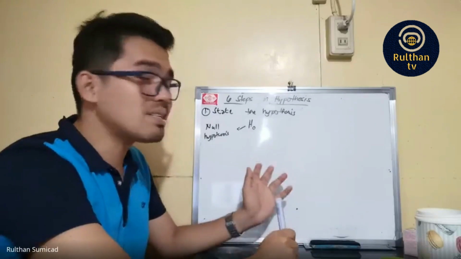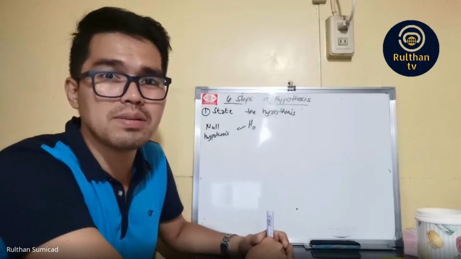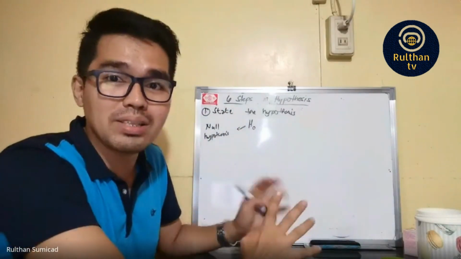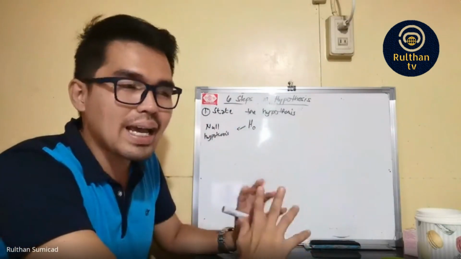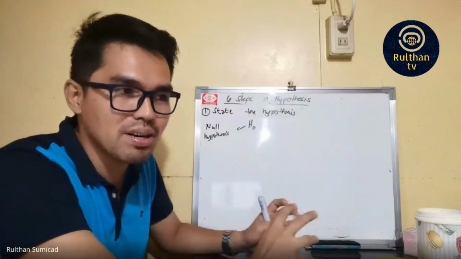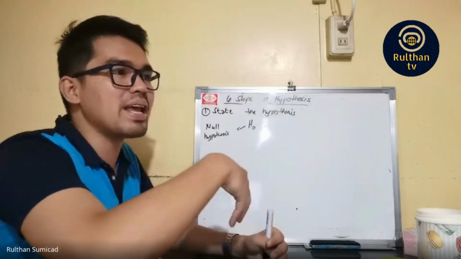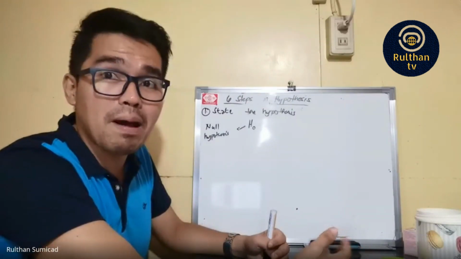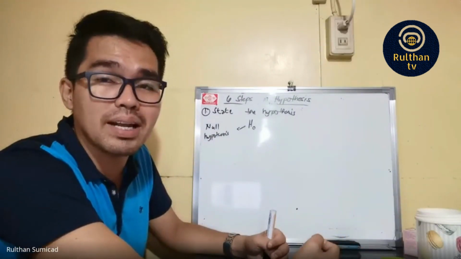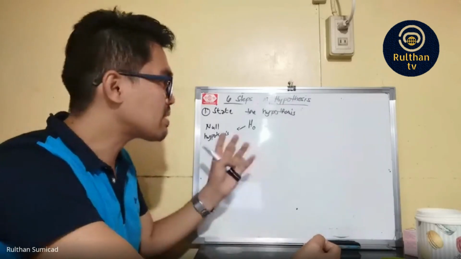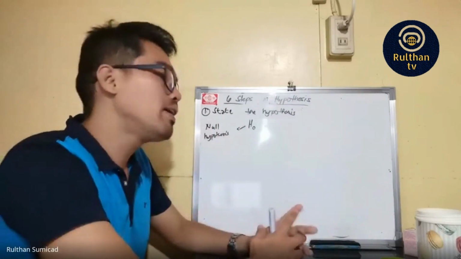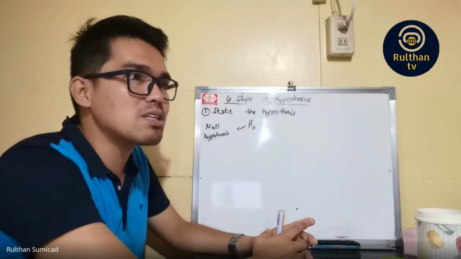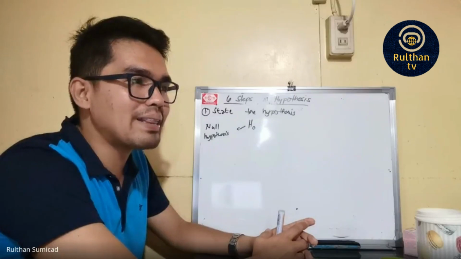Actually, to state the null hypothesis, we need to know the population mean. Now, this is for the purpose of example. Like I said last time, there are variables wherein there is already a renowned mean of the population, which you can use, as well as the standard deviation. But in this case, we do not know it, because getting the mean of the population for height is quite tedious.